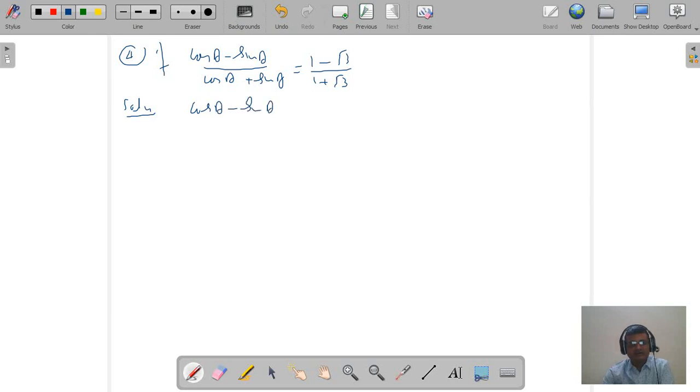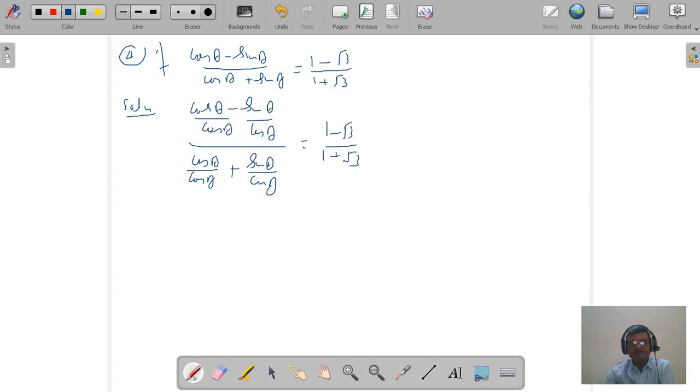So this gets cancelled, and we are finding 1 minus tan theta upon 1 plus tan theta, equal to 1 minus root 3 upon 1 plus root 3.